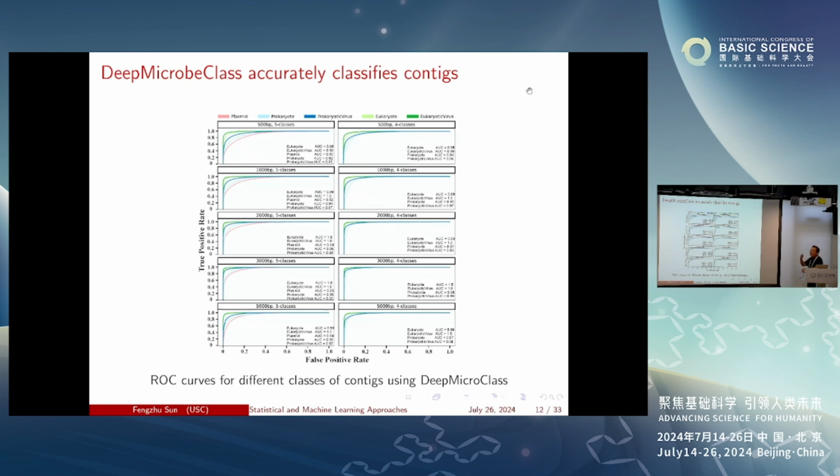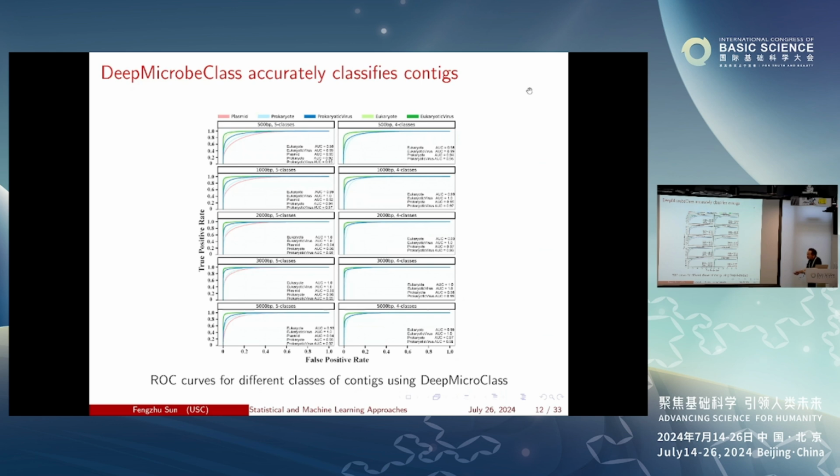You can imagine that if your method is reliable, as the sequence length increases, you have more information, so your prediction should be more accurate. So we try to study how the prediction accuracy increases with the sequence length.